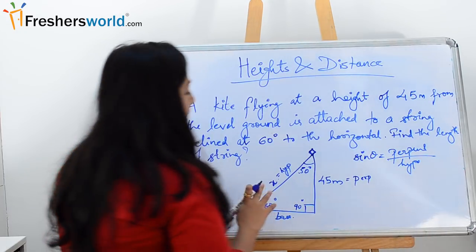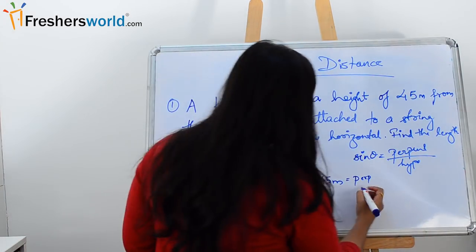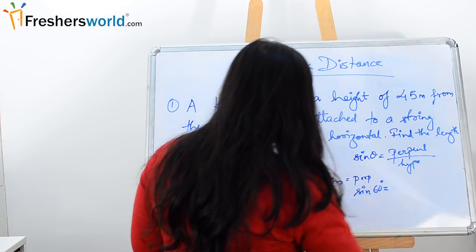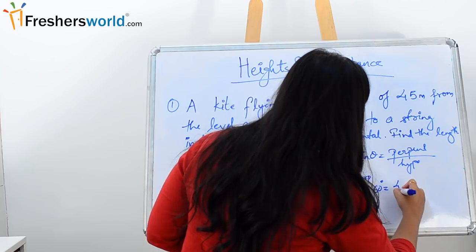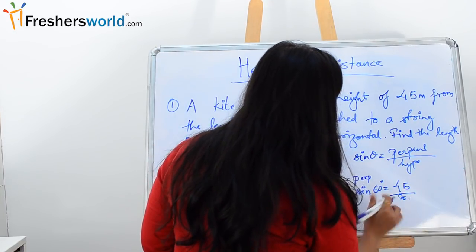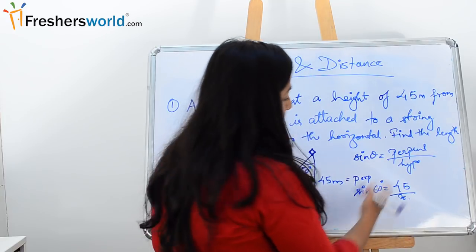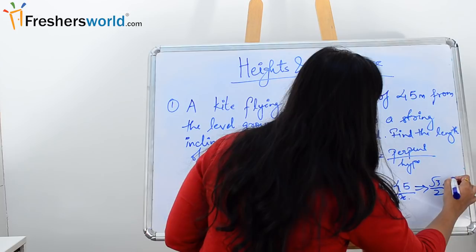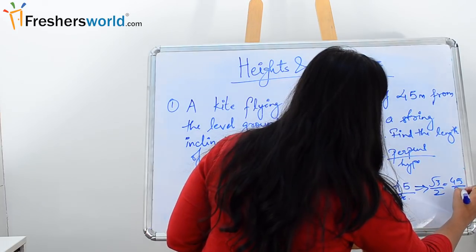If we put all the values in this equation, it will be sine 60 degree equals perpendicular 45 by hypotenuse x. We know that sine 60 degree is root 3 by 2. So root 3 by 2 equals 45 by x.